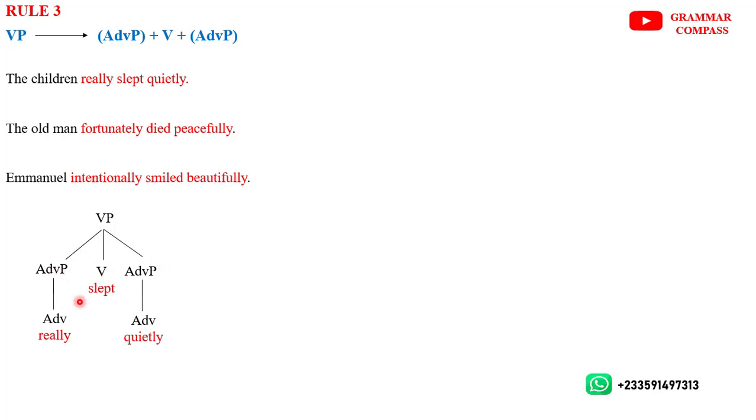If this is the tree generated from really slept quietly, I hope you can easily draw your tree diagram for fortunately died peacefully. Can you try? Pause the video and try it. Here is what we are going to get if we represent fortunately died peacefully in a tree diagram.